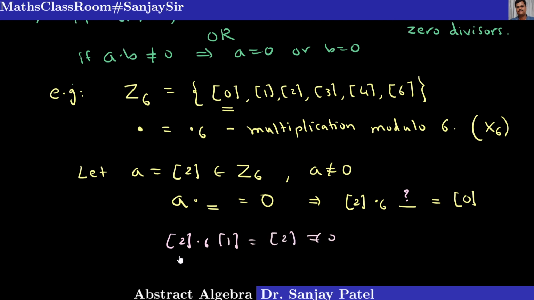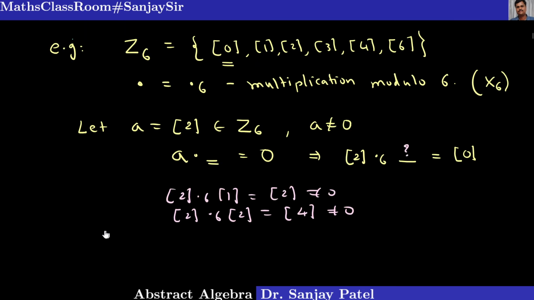So this is not fine. Let us put 2 into 2, that is 4, and 4 modulo 6 is 4. It is also not equal to 0. But if I take now another element, say 3, a non-zero element, then 2 times 3 is 6 and 6 is the same as 0 because the remainder when 6 is divided by 6 is 0. So here we get that condition true.